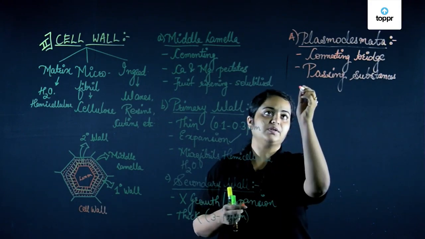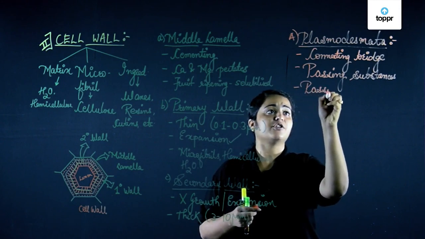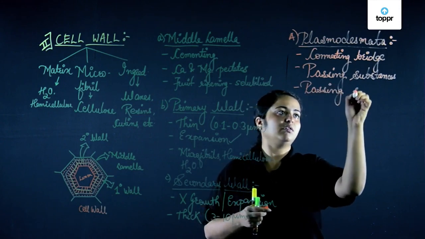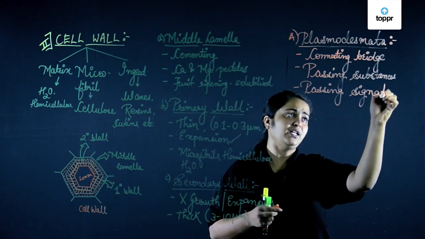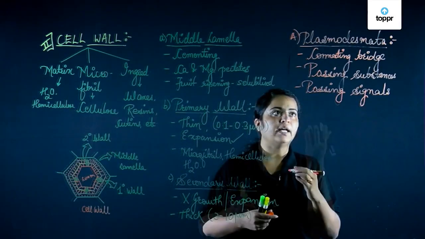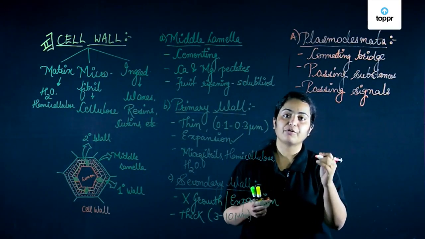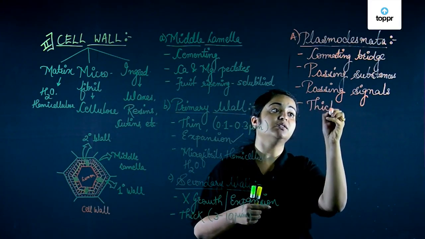Now, apart from this, it can also help in passing of various kinds of signals. That is, any form of message from one place to another in the case of plants can be passed with the help of plasmodesmata. Now, for passing of signals or substances, we need this layer to be a bit thick.